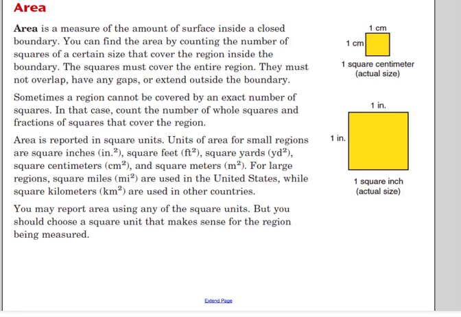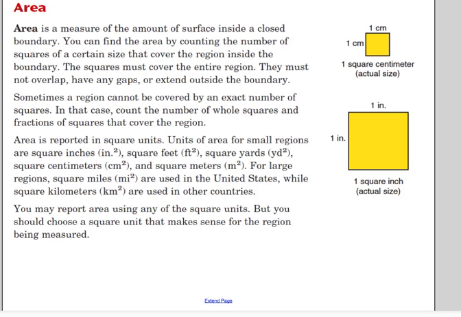They're called square units because we're thinking about how many squares of that unit would it take to completely fill that surface. We might be talking about square centimeters, square inches, square feet, square yards, whatever it is, but we're talking about a 1 by 1 square in that unit.